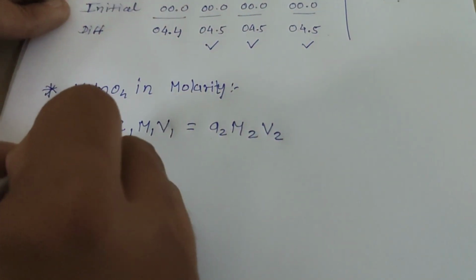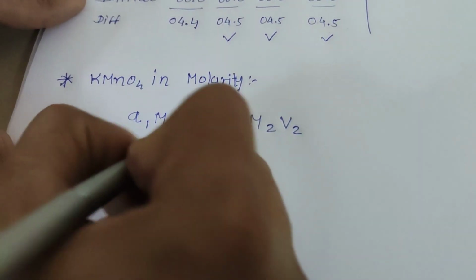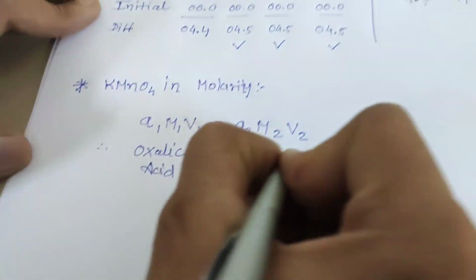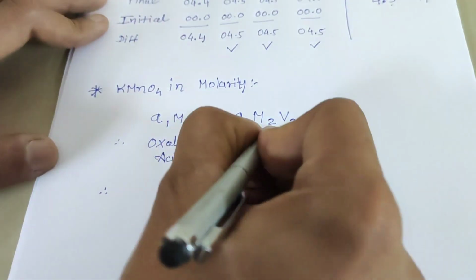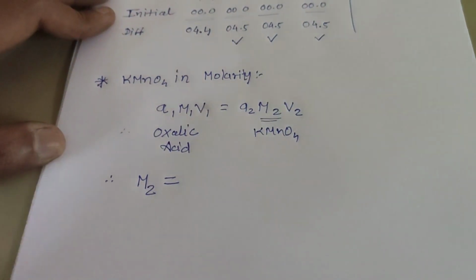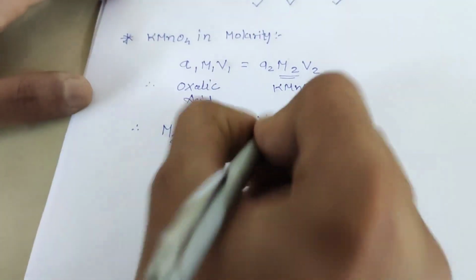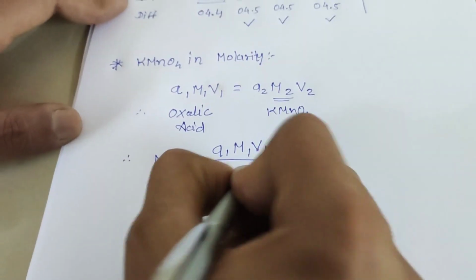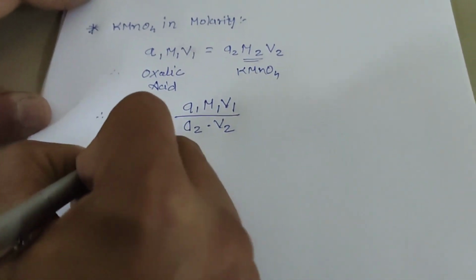Now you know that number 1 stands for oxalic acid and number 2 stands for KMnO4 solution. Now what will we find out from this equation? We will find out the concentration of KMnO4. So M2 will be equal to A1M1V1 divided by A2 and V2. Okay.